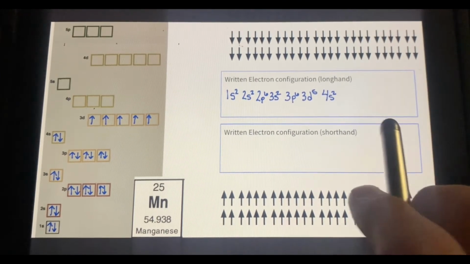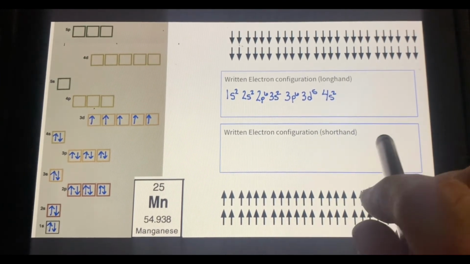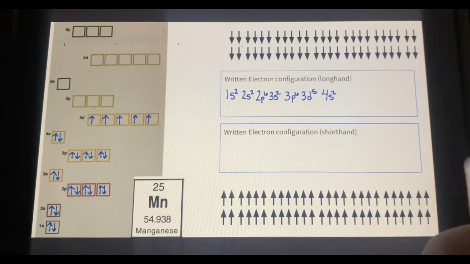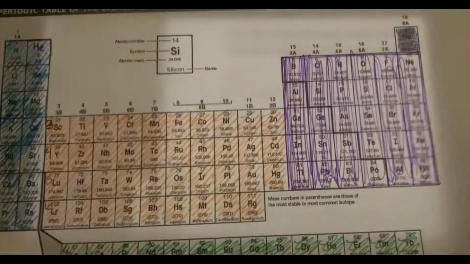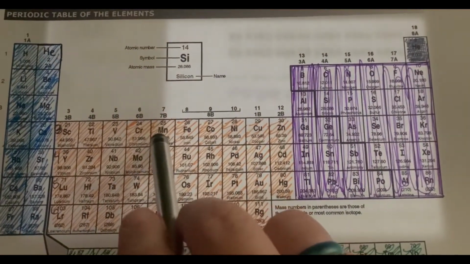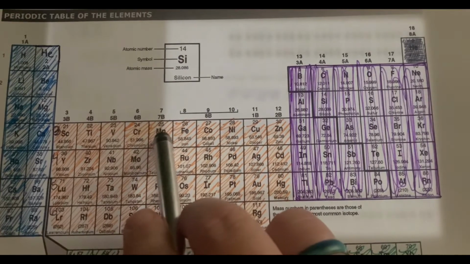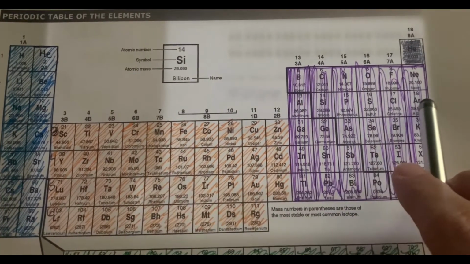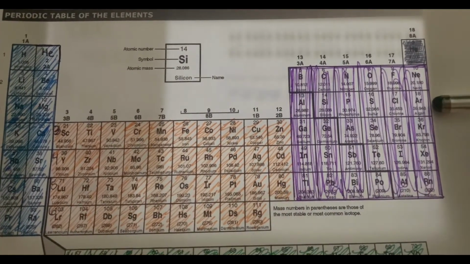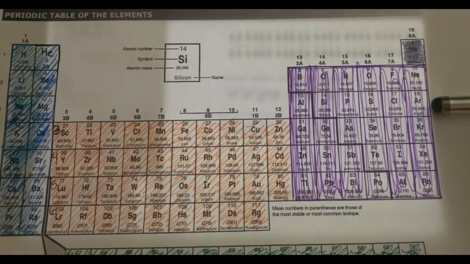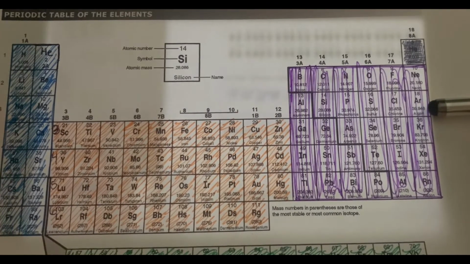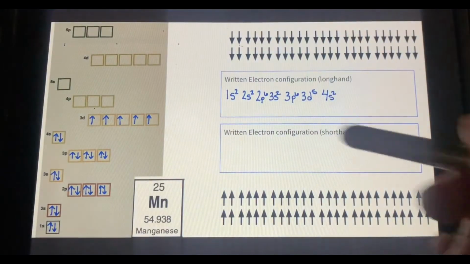And now you notice there's a second block here and it says shorthand. So how do I do shorthand? Well, it's actually pretty easy. I looked at where manganese is at, and I'm going to go to the noble gas above it. The noble gas above it is argon. That's on row 3, 3p, in fact.